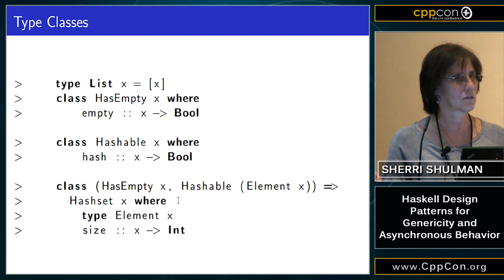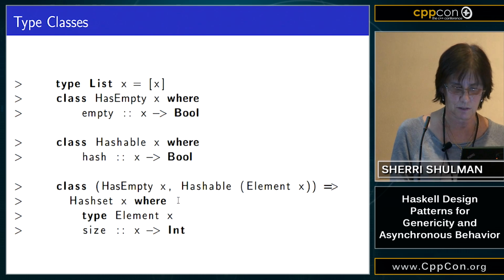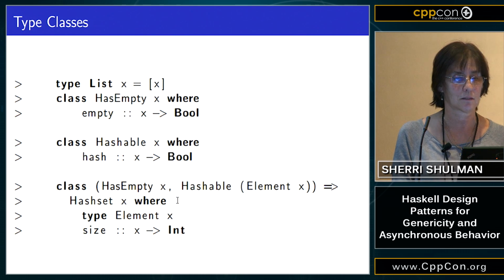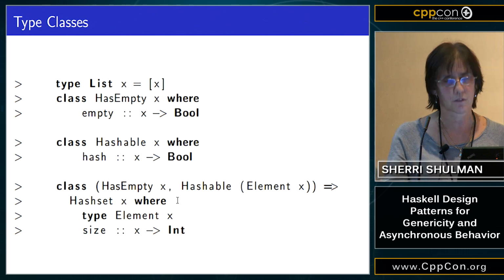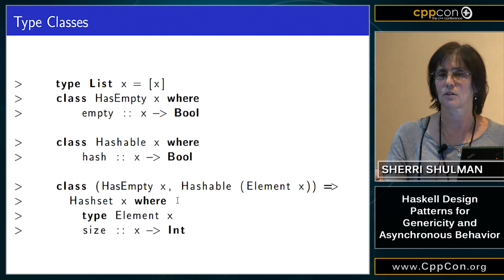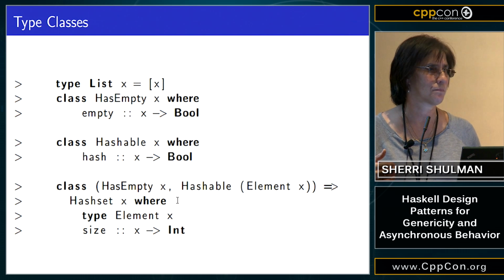That's inherited. The constraints are inherited via these context constraints. And if x has an empty, if it satisfies hasEmpty, then it has the method empty. If it satisfies hashable, then it has the method or function hash. All right. So even though you're not inheriting the code, you're inheriting the interface.